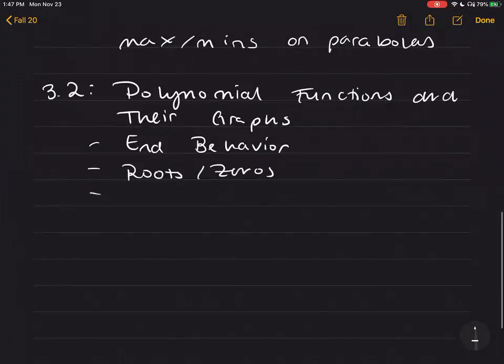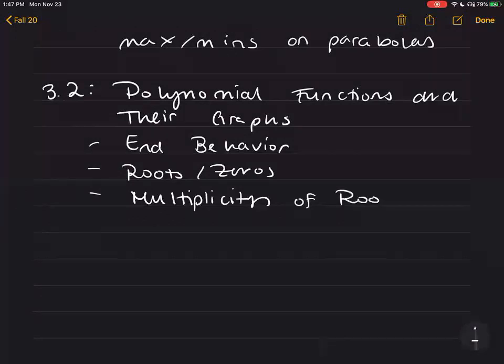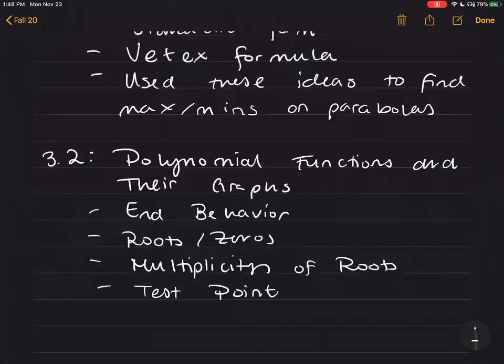And in the last video, I also talked about the multiplicity of roots, and about using test points. These 4 tools make up the main toolbox you use to graph polynomial functions, so they're all important. So that was a list of the key ideas that we've covered since the second midterm.